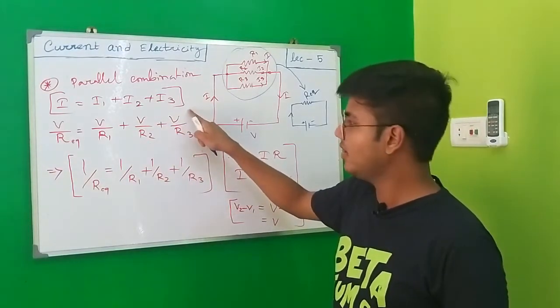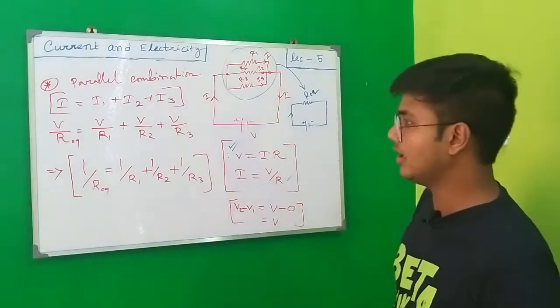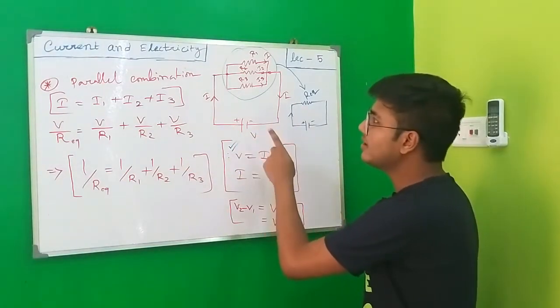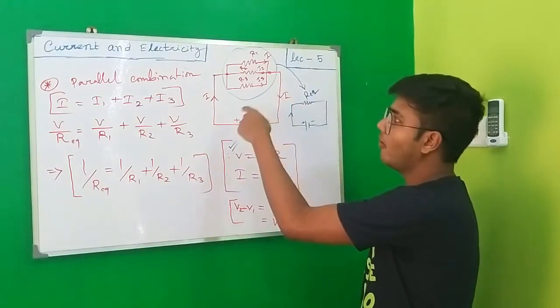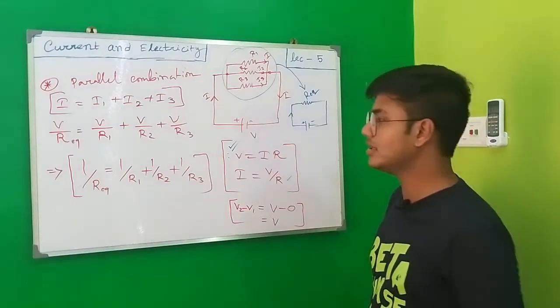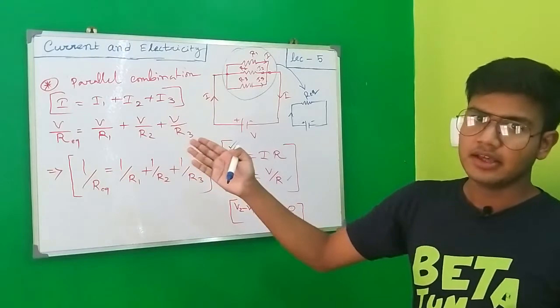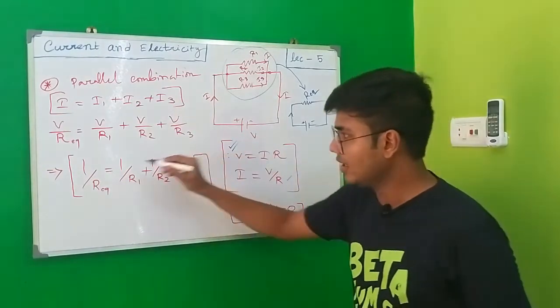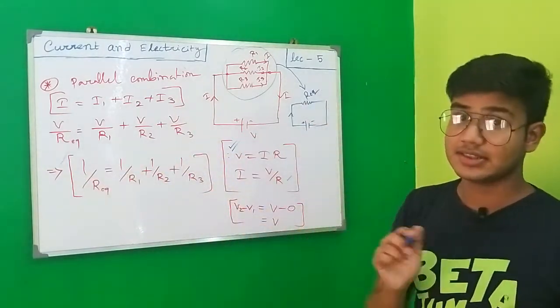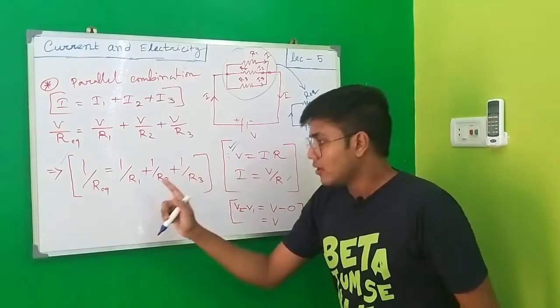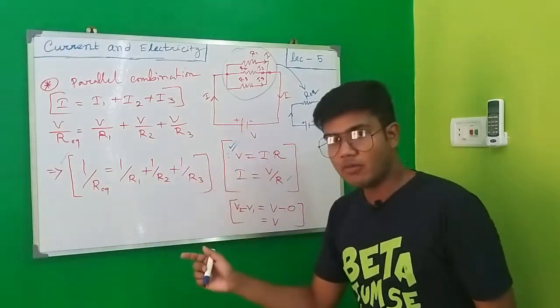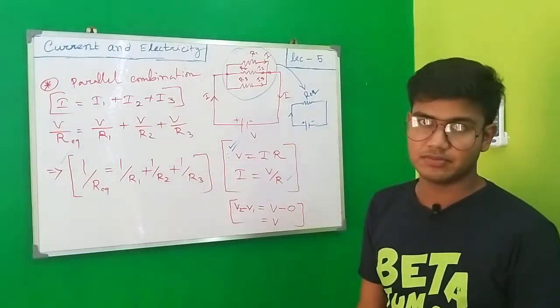Instead of I3, V by R3. Notice one thing, that the potential difference is the same for all of them. We already discussed it. So right now we can cancel that V from both sides. So the final equation will be this. That is the equivalent resistance formula for the parallel combination of them.